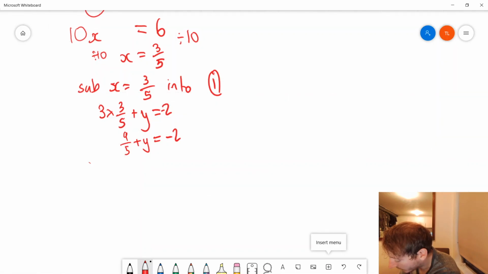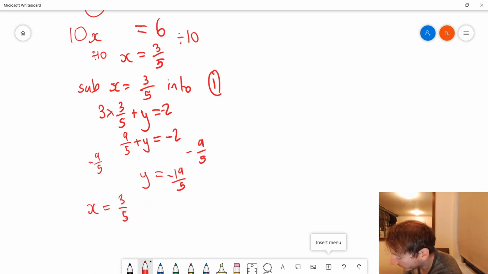So now I need to take 9/5 away. Use your calculator for that. But 9/5 is almost 2, just 1/5 underneath. So it'll be minus, what's that, 19 over 5. And that's y. And we're done. x equals 3/5. y equals negative 19 over 5.